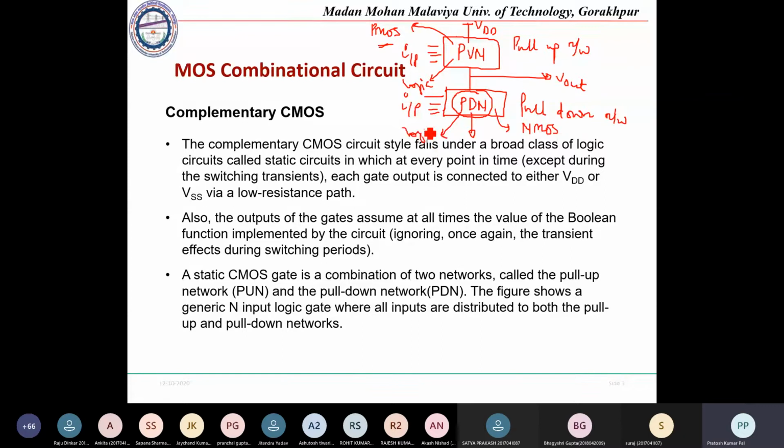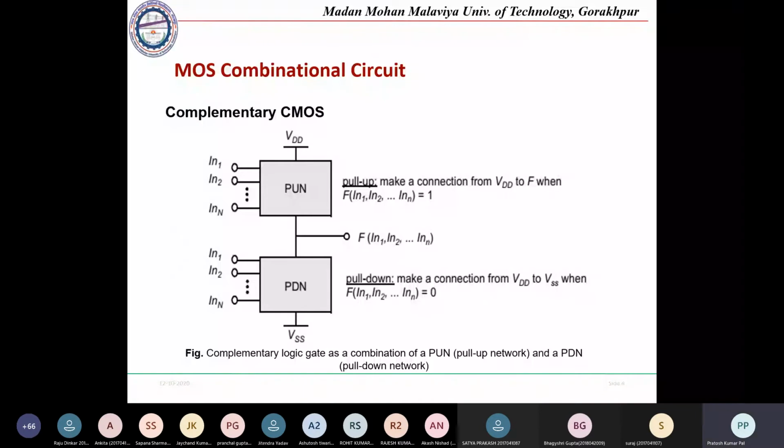So these circuits will be implemented in the form of different transistor combinations. Okay, so this is the structure, like how complementary CMOS logic implementation is there. So we are having pull down network and pull up networks.